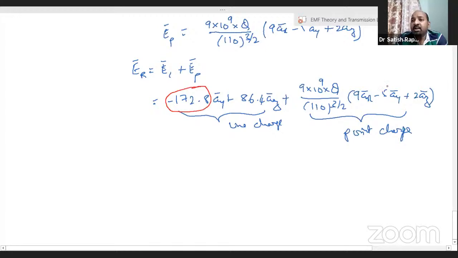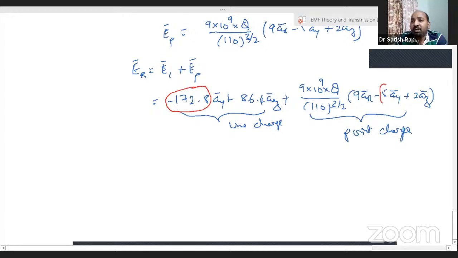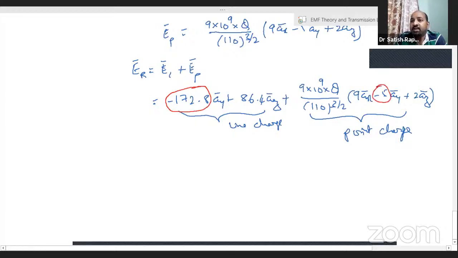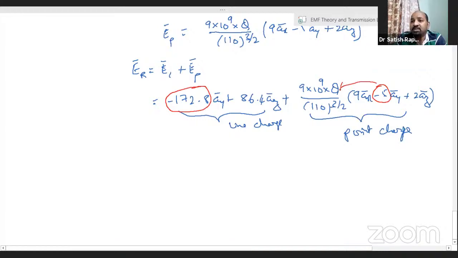And in point charge, what is the Y component? The Y component is this, including minus 5, and multiplied with this one, because here we have brackets. So therefore in point charge, this is the Y component.